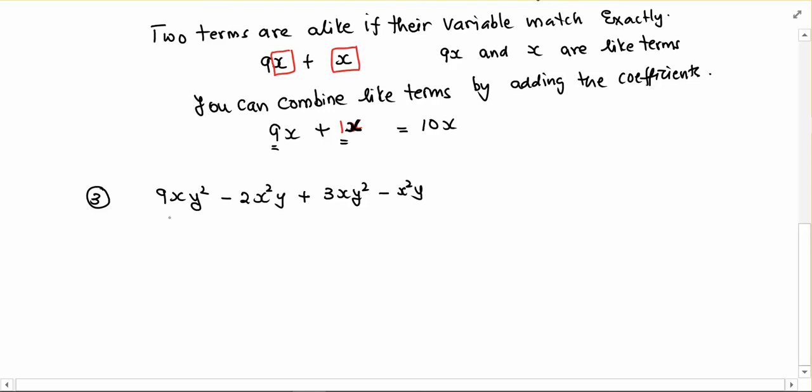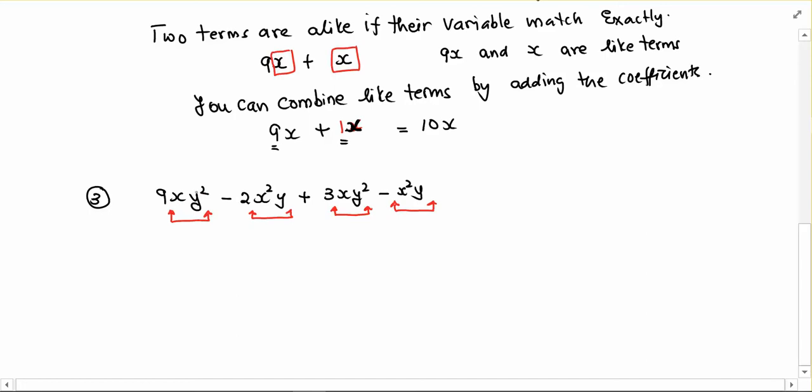So to identify the like terms, you start to scan through the problem and you start to compare the variables to one another. Now this is confusing in this problem on purpose because they all have x and y to them. However, they're different. So the first term right there has an x and a y squared.